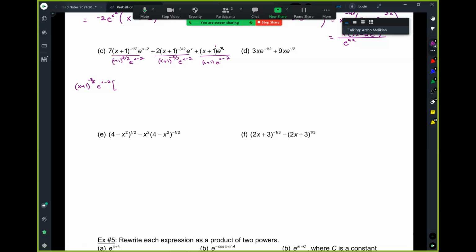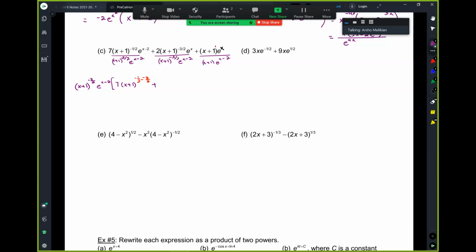Okay. So I have a 7 here. So look at the x plus 1. If you're dividing, we always subtract exponents. So here it's going to be negative a half minus 3 over 2. And then I have e to the x minus 2 over e to the x minus 2, which will be a what? 1. Okay.